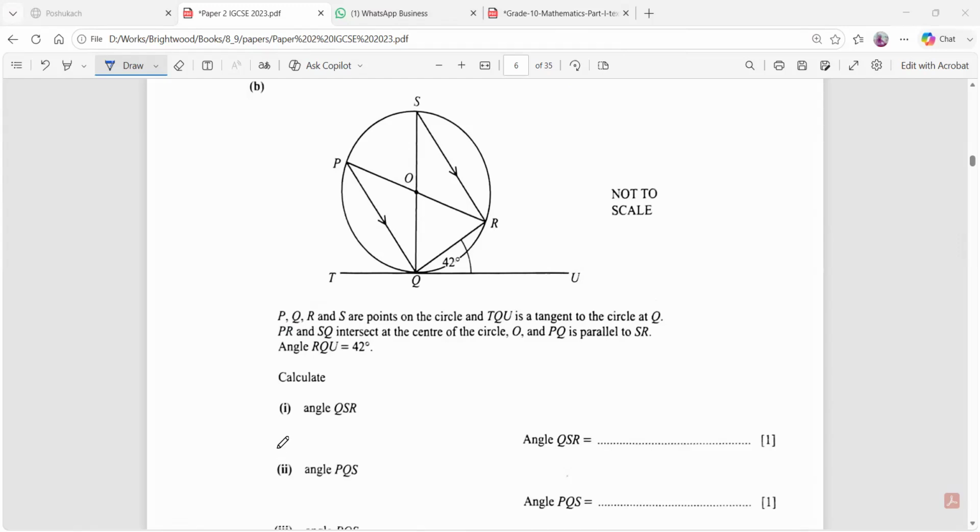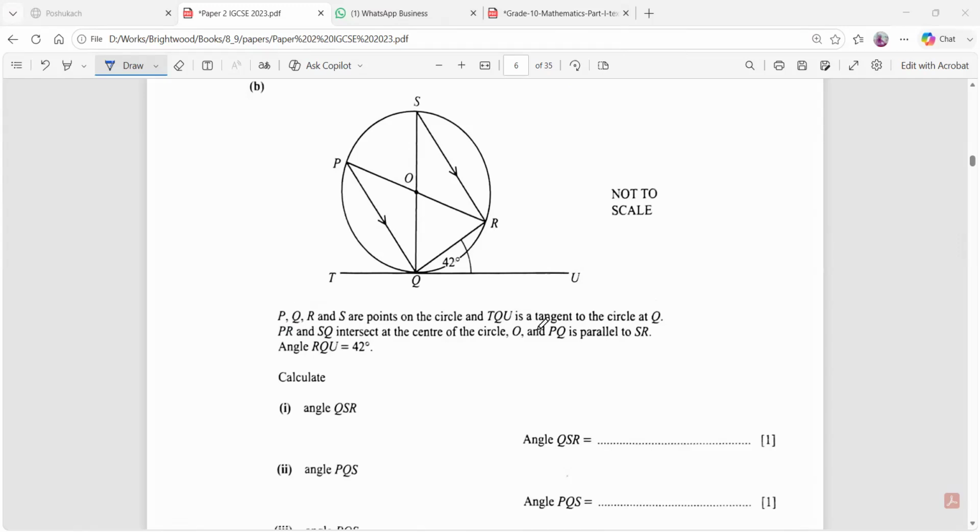They are having P, Q, R, S are the points of the circle. Okay, I want to tell some theories also here. Some of them. I'll explain one by one. P, Q, R, S are the points on the circle.